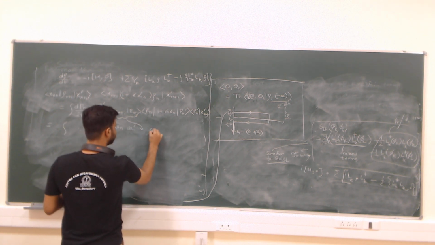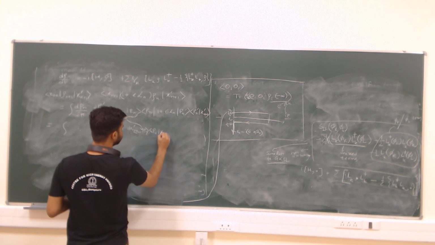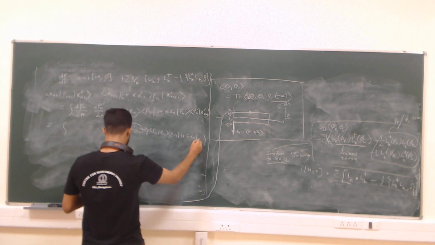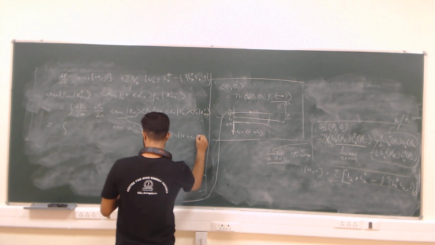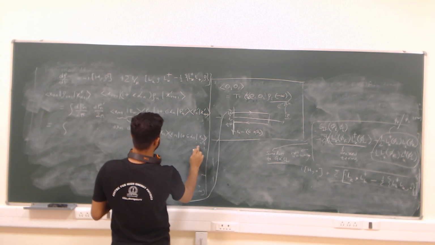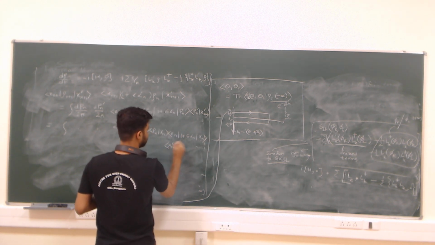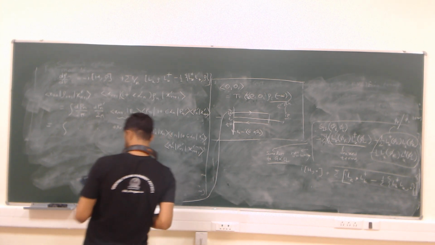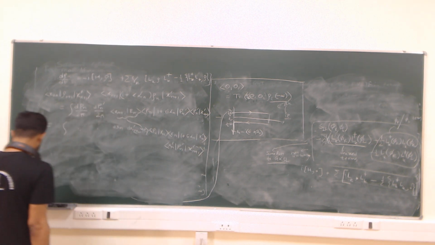Then I have a dxn plus, then I can basically take this one part separately and the epsilon part separately.